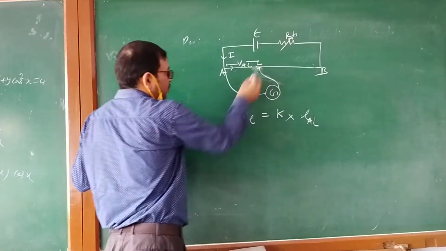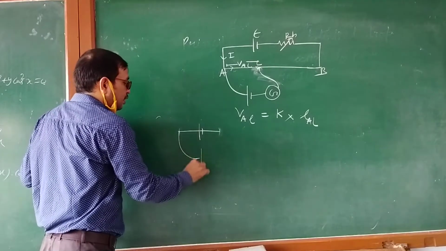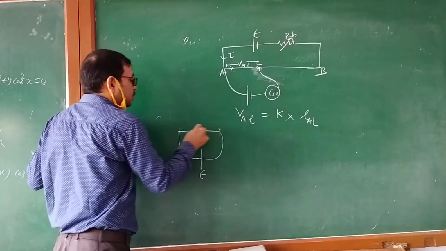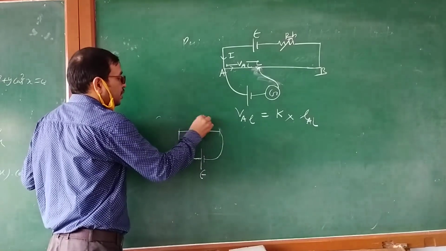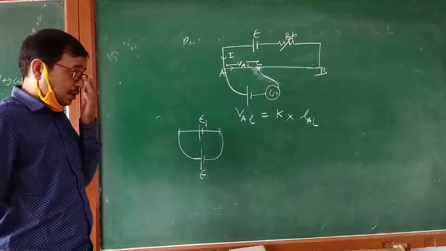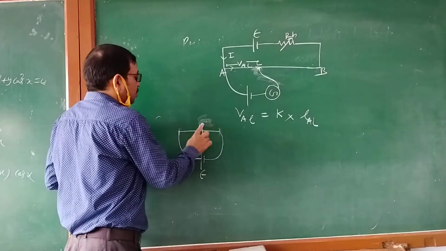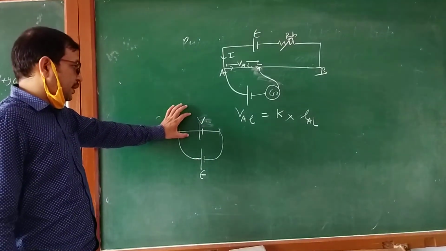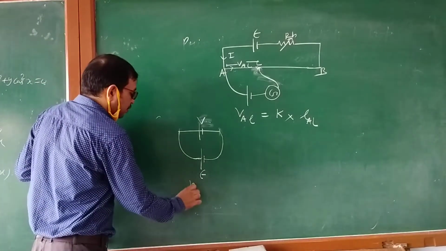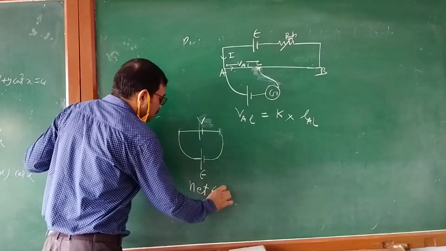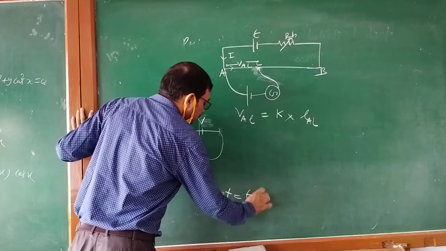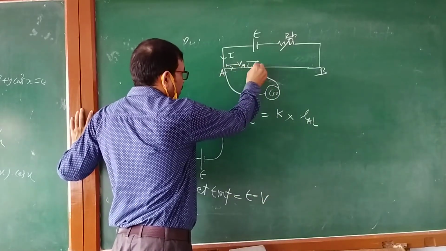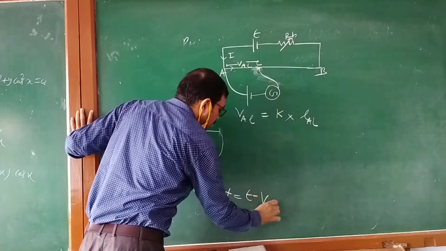Suppose this potential difference is V, and this cell has EMF E. So we can write the formula: net EMF is equal to E minus V. We are telling that this length is AL, so V into AL.